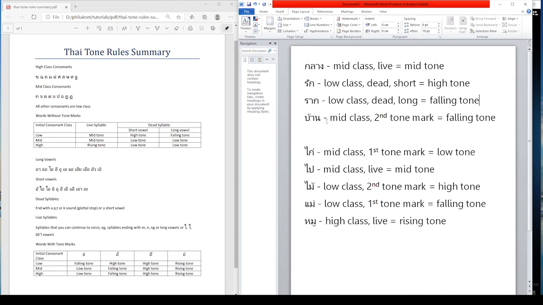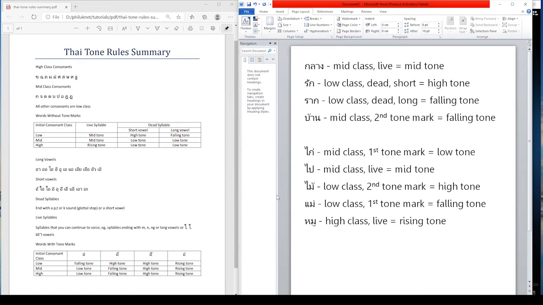Next word, ban, which means house. So this one uses a tone mark. So we've got to go to the table below. And bo by my, that's a mid-class consonant, and we're using the second tone mark. So mid-class, second tone mark, and we get a falling tone.